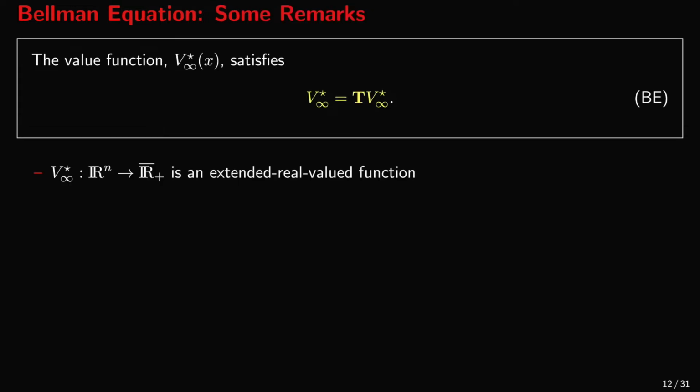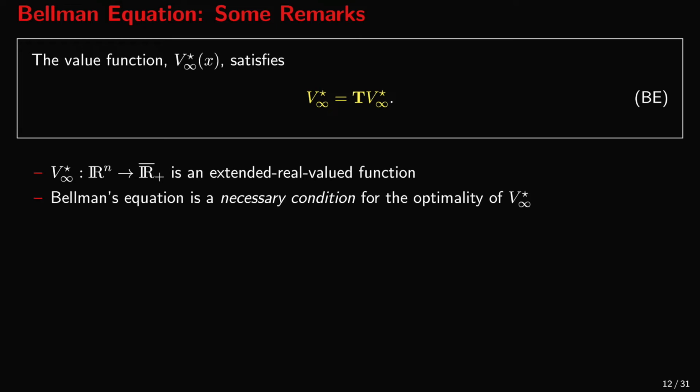Here are a few things to have in mind about Bellman's equation and v infinity star. First of all, v infinity star is an extended real-valued function. Bellman's equation is a necessary condition for the optimality of v infinity star. In some cases, Bellman's equation has a unique solution, but not always.